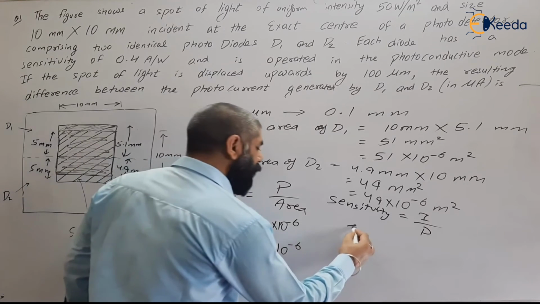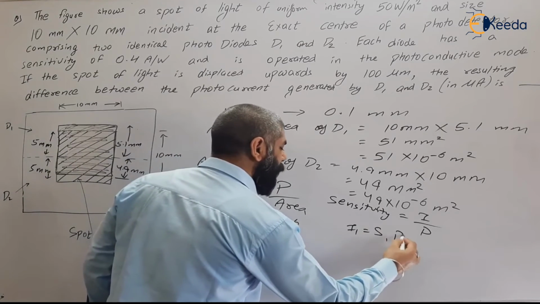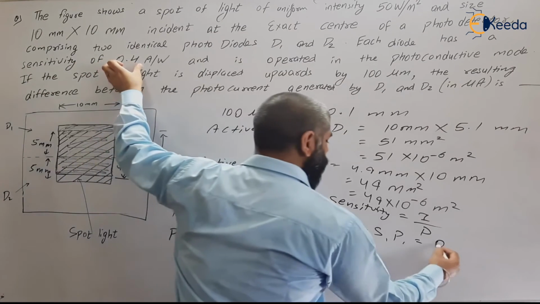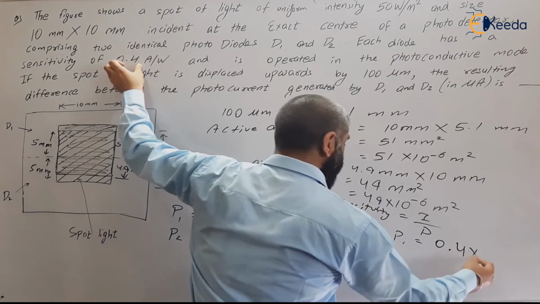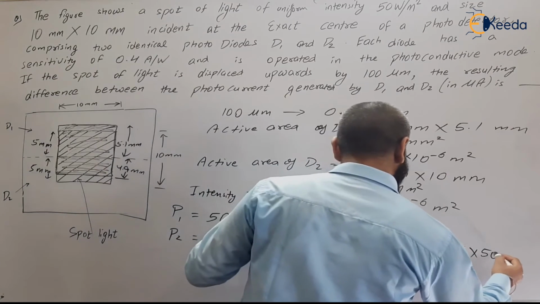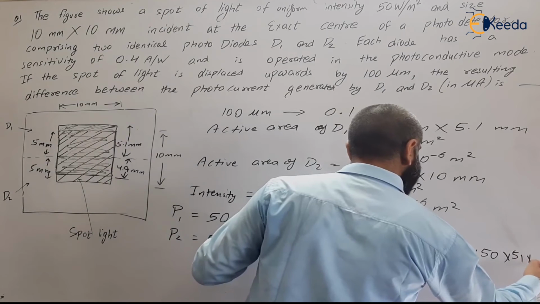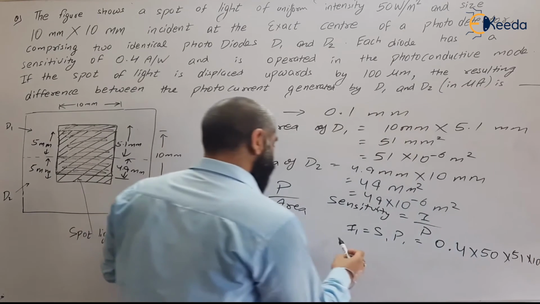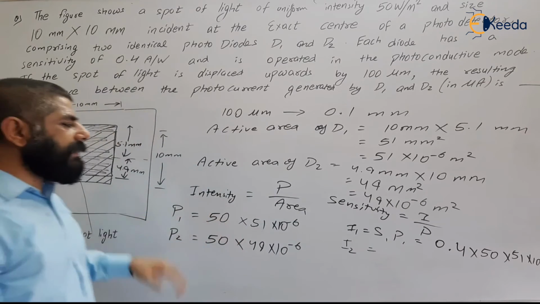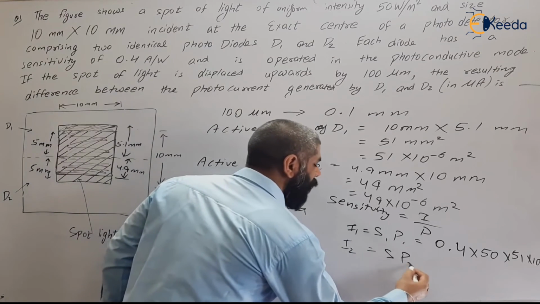So I1 equal to S1 into P1. So sensitivity is same for both the diodes. So 0.4 into what is P1? 50 into 51 into 10 raised to minus 6. What about photocurrent due to diode 2? That is equal to sensitivity into optical power 2.